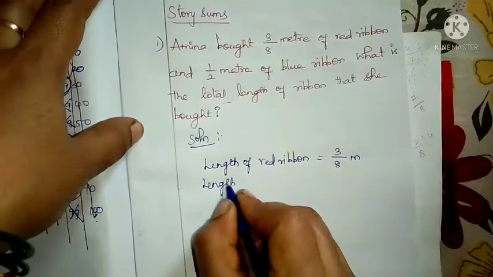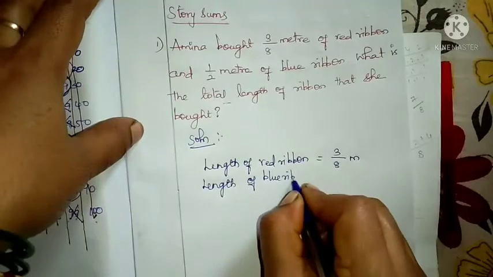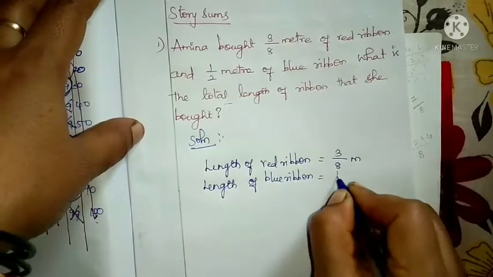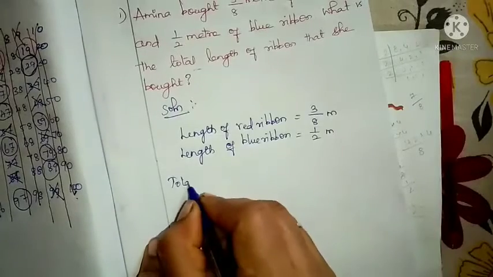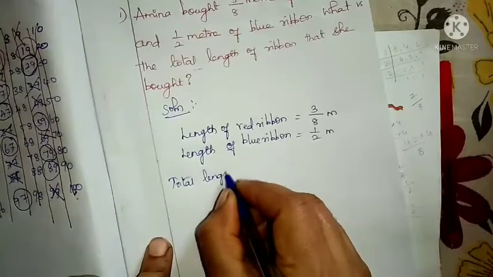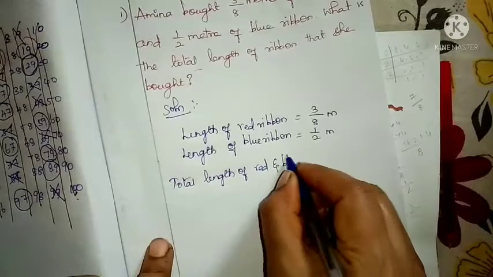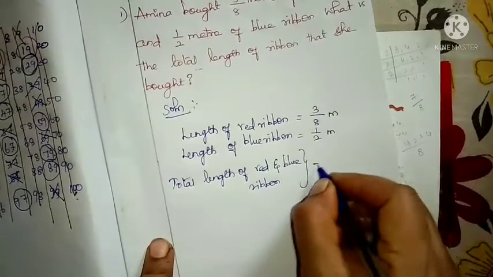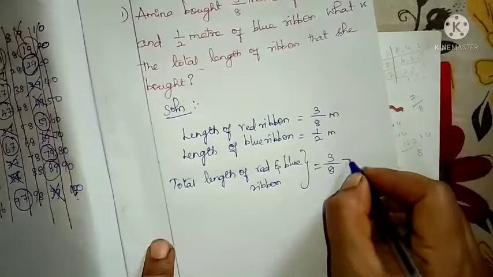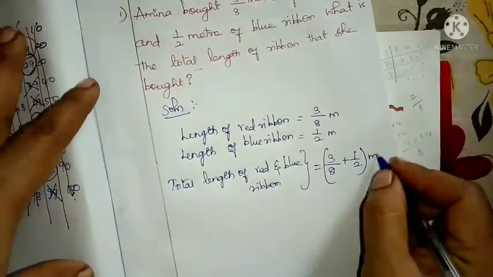Length of blue ribbon is 1 by 2 meter, and they asked total length of red and blue ribbon. Total means we should do addition, no? Both are in meter, so I am writing meter commonly.